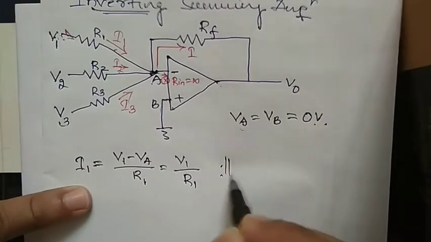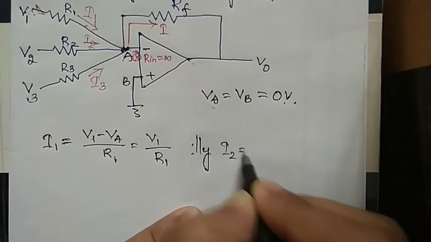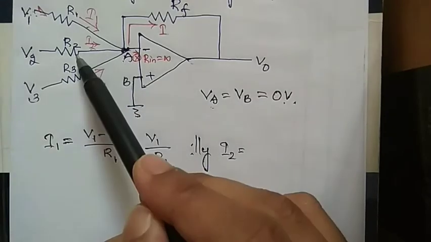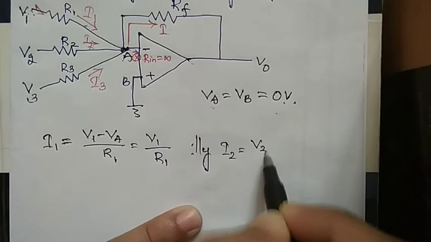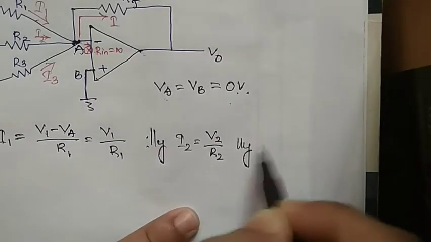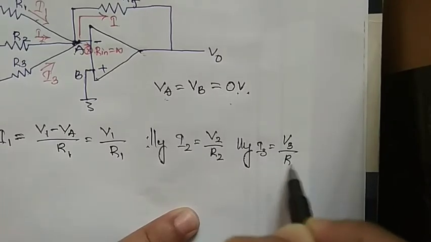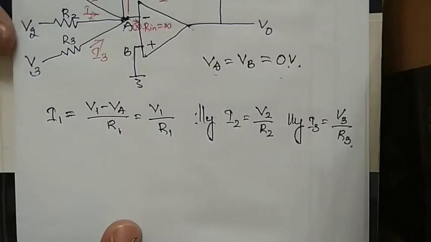And similarly, I2 equals V2 minus VA divided by R2. VA value is 0, so it means V2 by R2. And similarly, I3 equals V3 by R3. We derived the three equations.